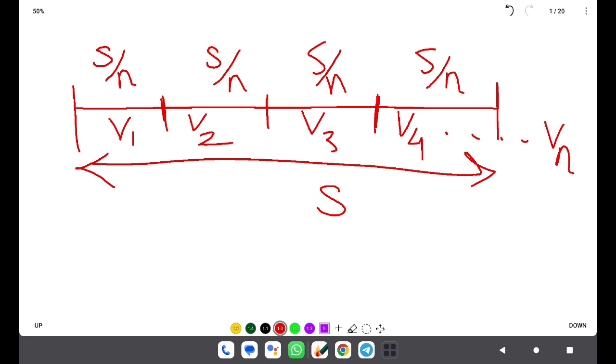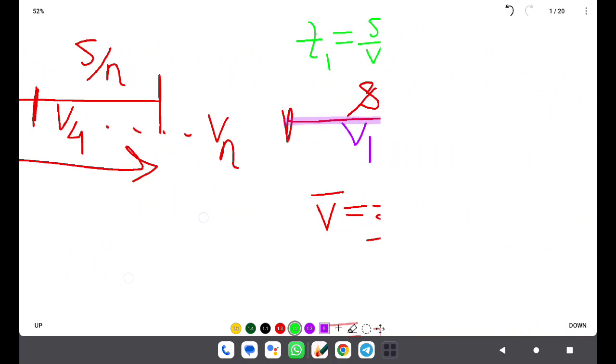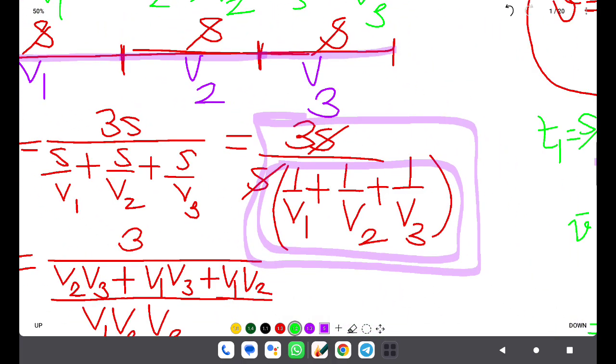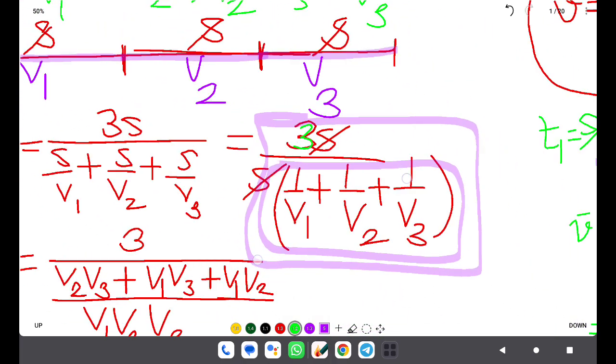In this case you will get V mean resembling this case. If it is 3 there, it is n here.